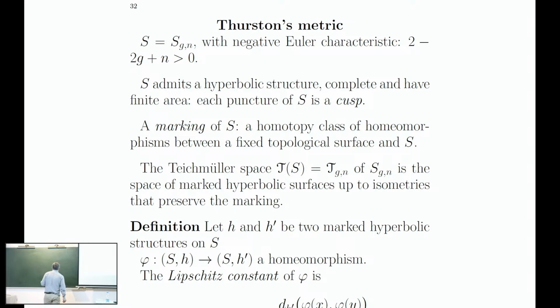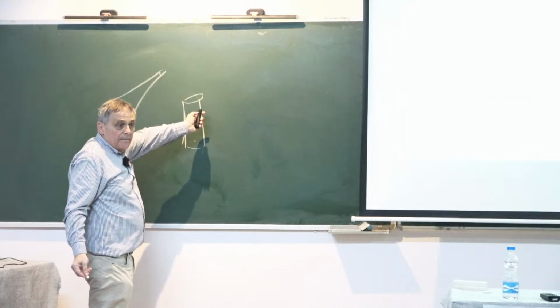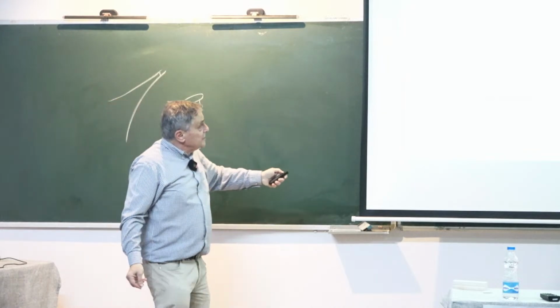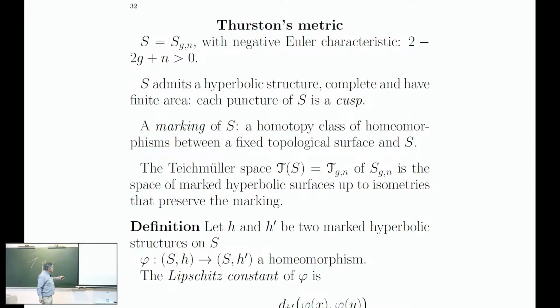In principle, I want to exclude also the cylinder because it's not hyperbolic, but there's no cylinder since the n here represents the number of cusps, so there's no cylinder with two cusps. Okay. Anyway, let's forget about the special cases.